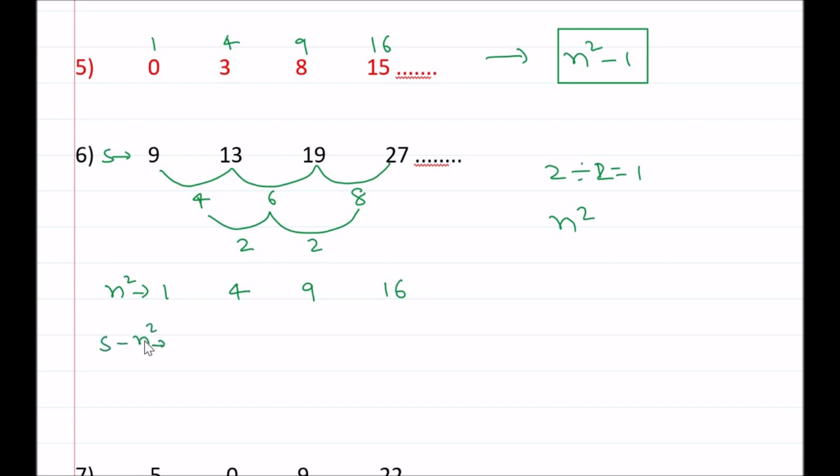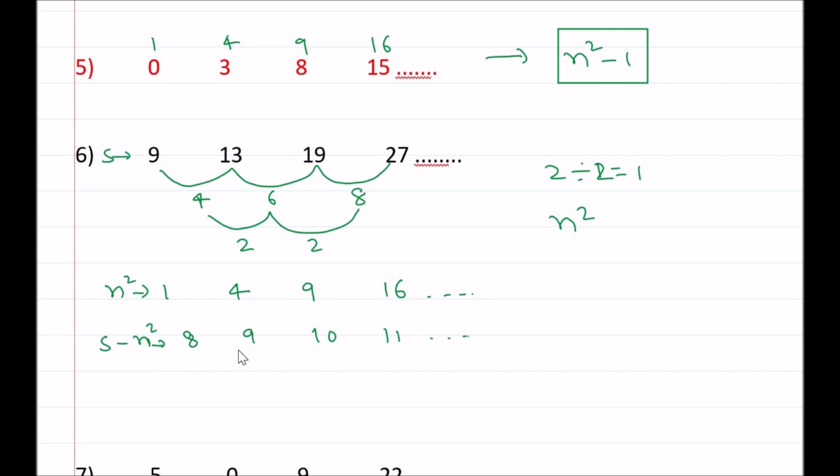If you find s minus n square, what will you get? 9 minus 1, 8. 13 minus 4, 9. 19 minus 9, 10. 27 minus 16, 11. And it will go on, right?